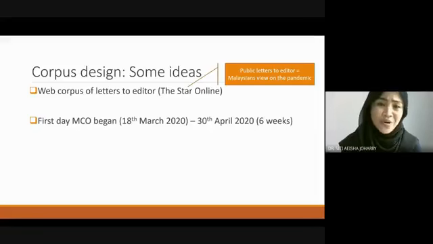I'm sure all of you remember that the MCO began on the 18th of March, and that was the beginning of when we started compiling. We stayed on to see the developments, but given the uncertainty at that time, we decided up until the 30th of April, this is it. It amounted to 6 weeks. We need to come to a stage where we're happy and comfortable with the data that we have.